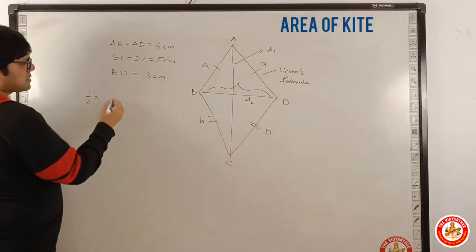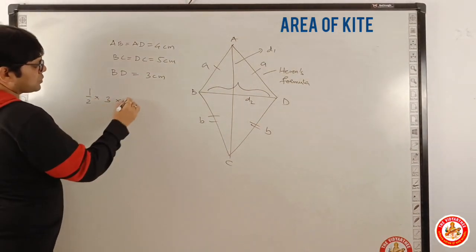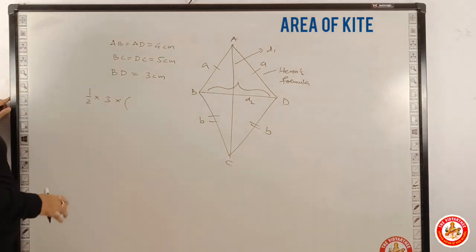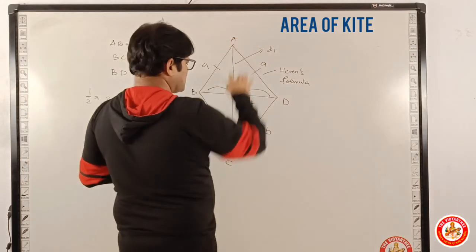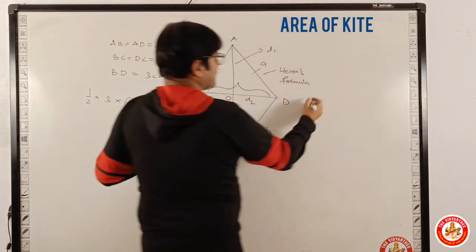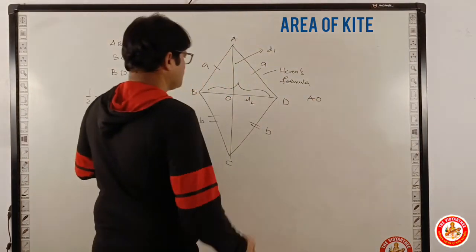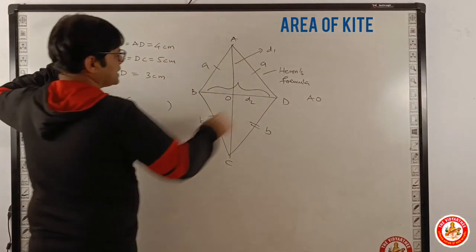So base is 3 centimeter into your height. For that, we need to use the formula to find out the measure of, suppose this is O, we need to find out AO for the upper part.